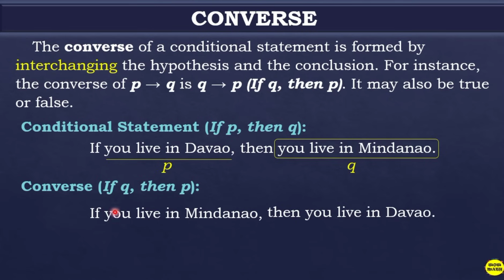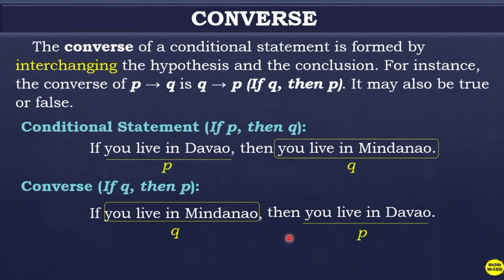So if, and then dito mo naman ilalagay ngayon si conclusion mo, then dito naman ngayon si hypothesis. So if you live in Mindanao, then you live in Davao. So ito ngayon ang iyong conclusion and this is your hypothesis. So if Q, then P.